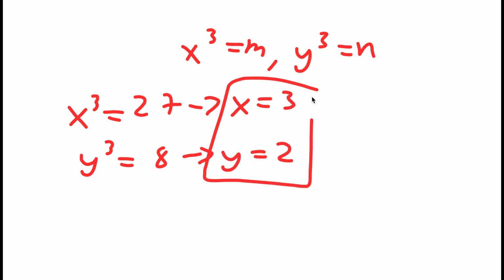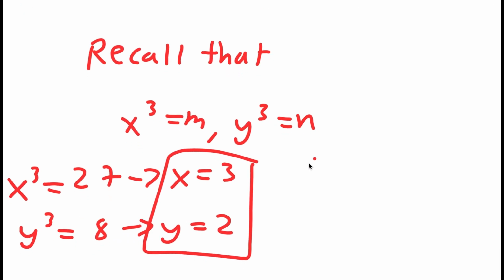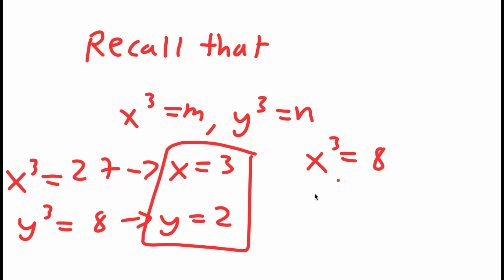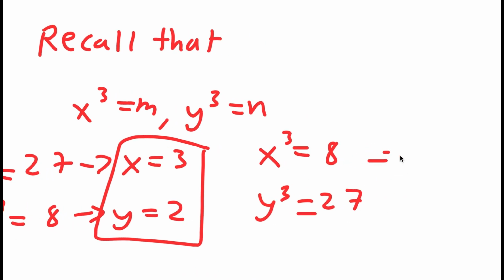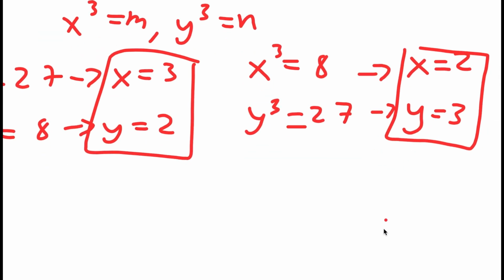So this is one solution. And for the other solution, x to the power of 3 is equal to 8, and y to the power of 3 is equal to 27. So x is equal to 2, and y is equal to 3. So these are my two solutions to this system of equations.